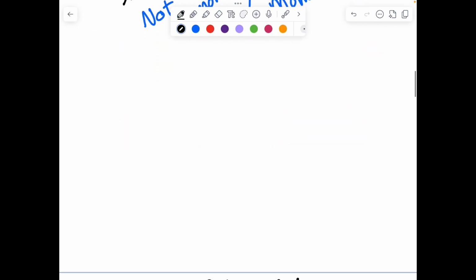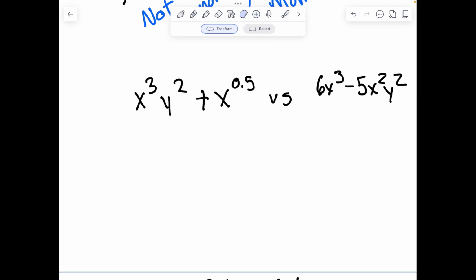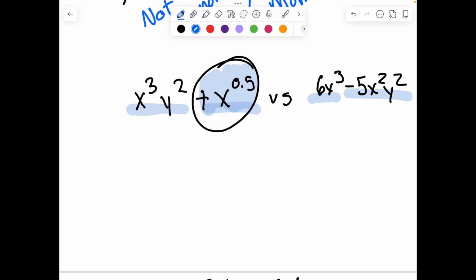For example, if I were to take a look at these, both of these have two terms. However, the terms need to be monomials. In this one here, that 0.5 in the exponent means that it is not a monomial, therefore this is not a polynomial.